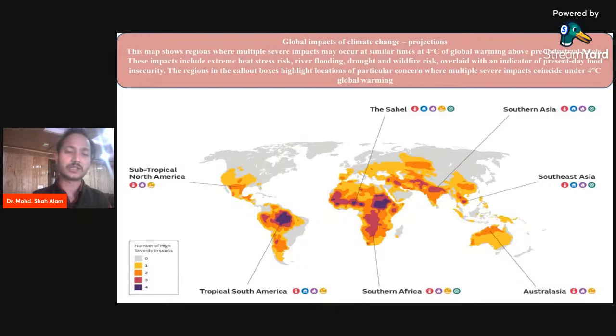It shows which countries have extreme climatic events occurring, like northern parts of India, South Africa, America, Iraq, and Afghanistan. You can see these parts are severely impacted by extreme weather, like extreme heat stress risks, river flooding, drought, and wildfire risk, overlaid with an indicator of present-day food insecurity.